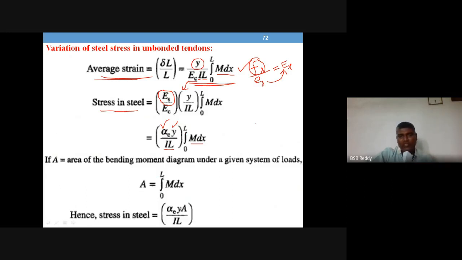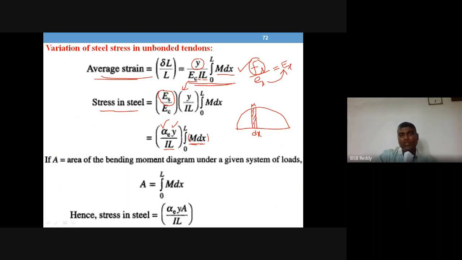Now integral M dx from 0 to L: M into dx is nothing but the area of the bending moment diagram, for that element. For example, take the BMD for UDL, which is a parabola. If you take dx length along the beam, and this is the M value, then M into dx is the area of this strip.